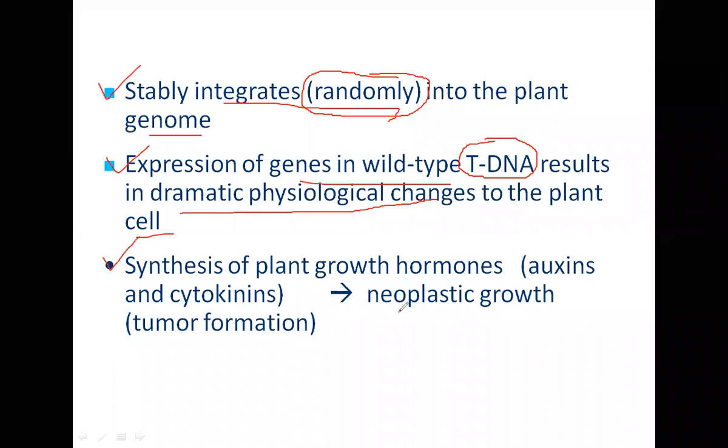Synthesis of plant growth hormones, as I said earlier, auxin and cytokinin, leads to neoplastic growth, uncontrolled growth. Technically it is called neoplastic growth, leading to tumor formation.